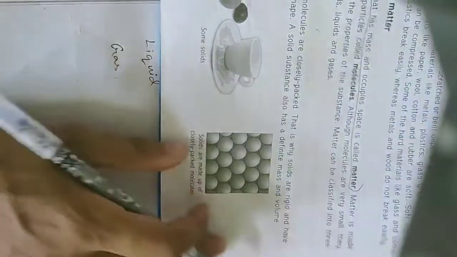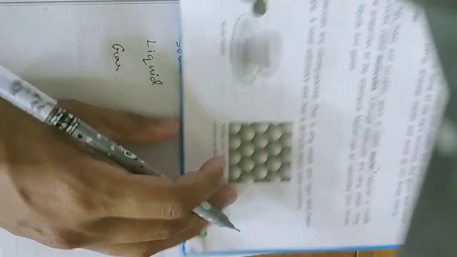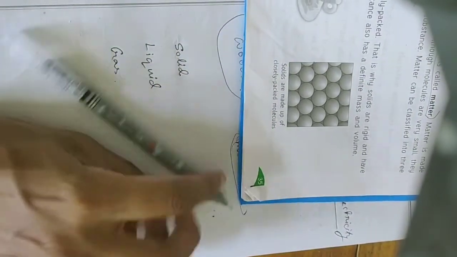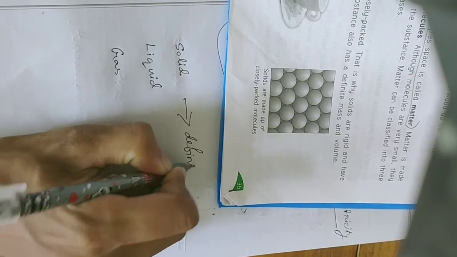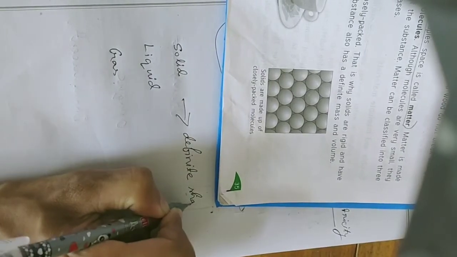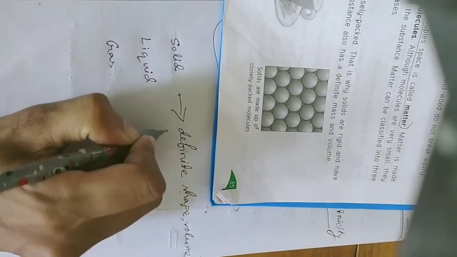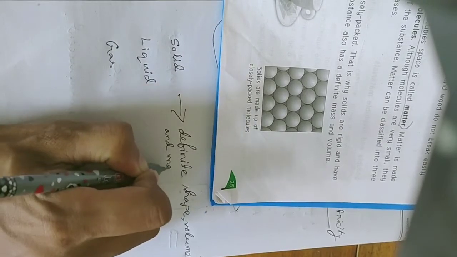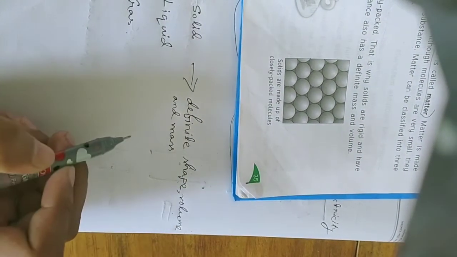Now as you can see, they are closely packed, means they are yoti thuk khai ase, and because of that solid is rigid, mane solid eta guta obosthat thake, and they have definite shape, volume and mass. ठीक है बोलो, definite shape, volume and mass.